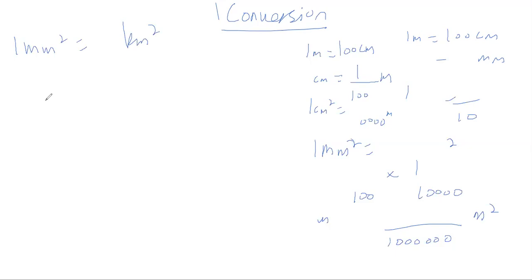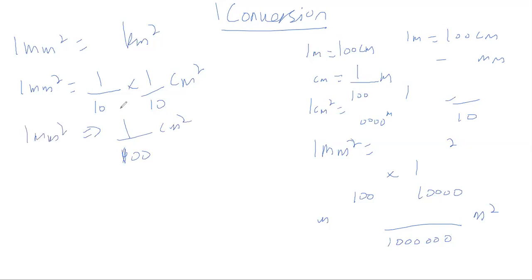The first step is to know 1 millimeter square is equal to how many centimeters square. 1 millimeter square is equal to 1 over 10 centimeter, sorry, they are 10 in centimeter. Now I'm converting to centimeter: 1 over 10 centimeter square, which becomes 1 over 100 centimeter square. So up till now we have reached centimeters. Is it clear up till now, Mustafa and Falia?